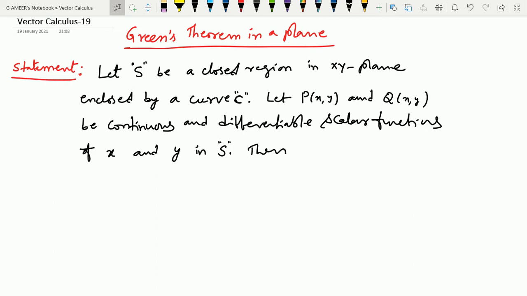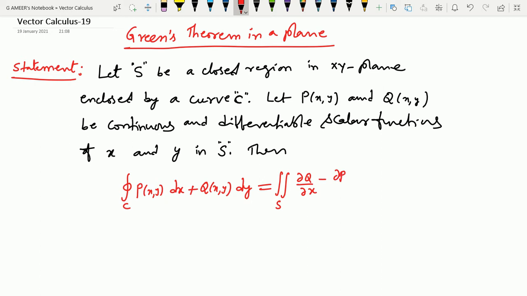Then this is the important thing we need to remember here. It says that the circulation of the quantity P dx plus Q dy is equal to the surface integration of dou Q by dou X minus dou P by dou Y dx dy.